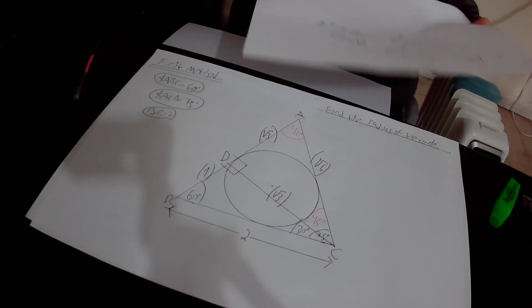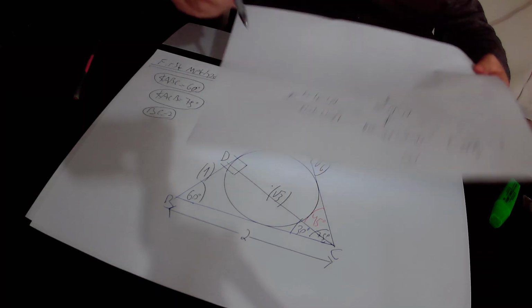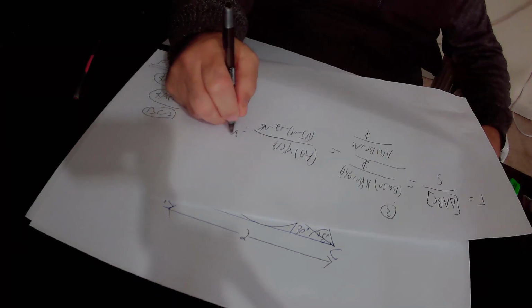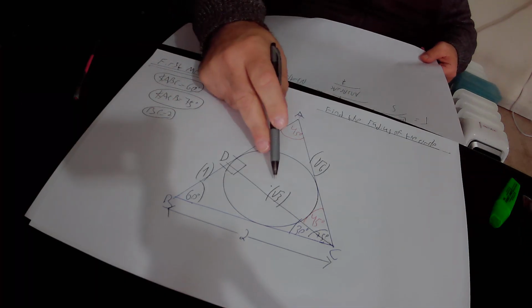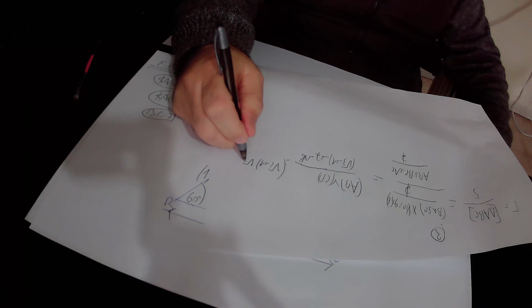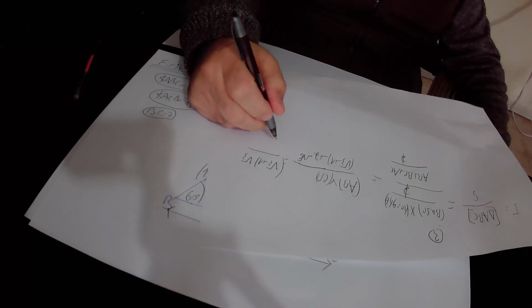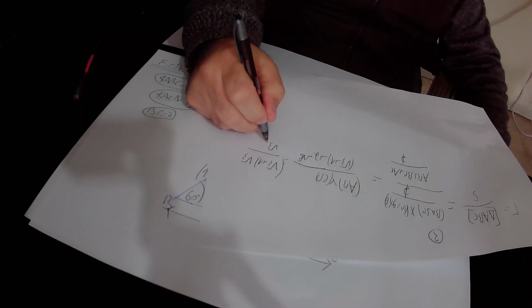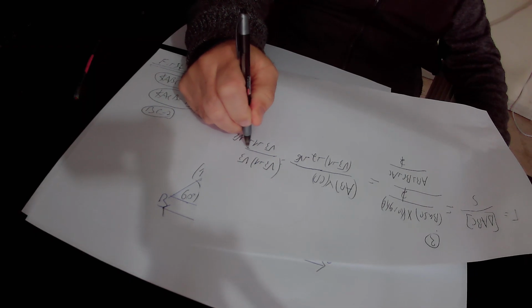Again, we have here AB, which is square root of 3 plus 1, times CD. CD equals the square root of 3, divided by square root of 3 plus 1 plus 2 plus square root of 6.